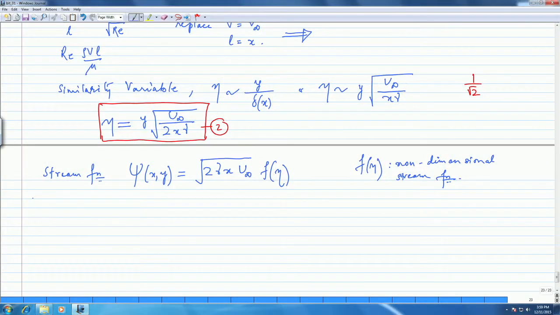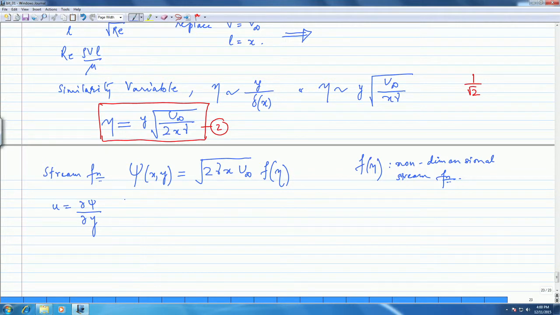So numerically, you're basically solving for one function. That's the usefulness of it. So u is del psi del x, no, not del psi del x. It is del psi del y. And v is basically minus del psi del x. That's how we get them.